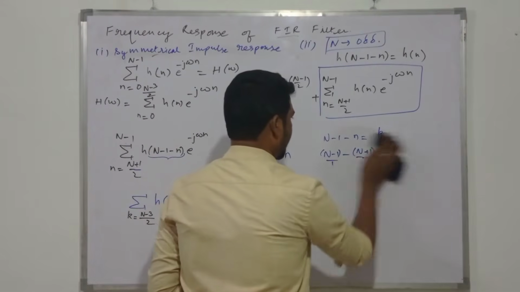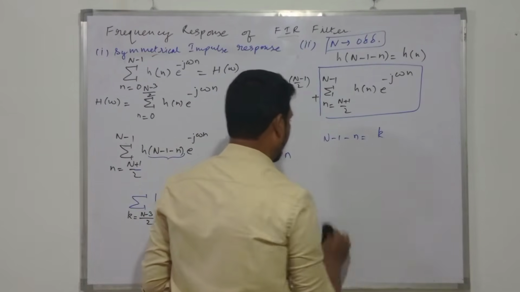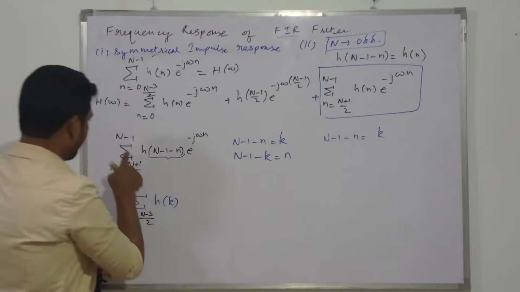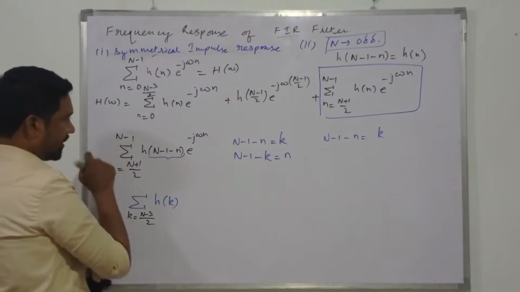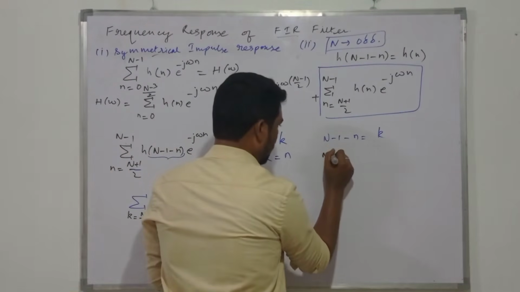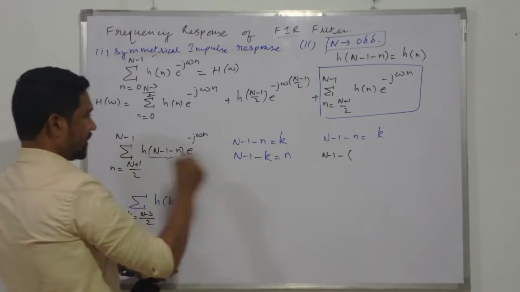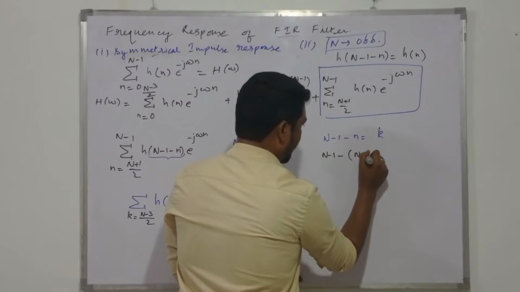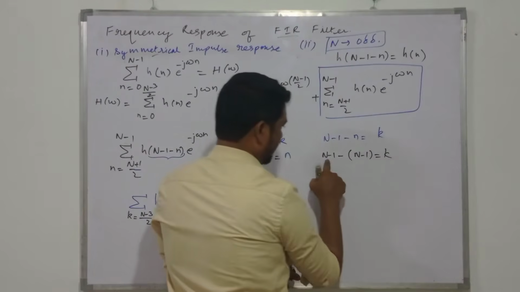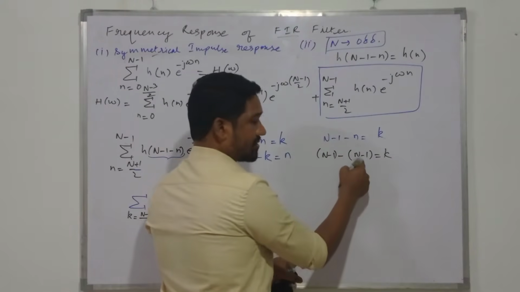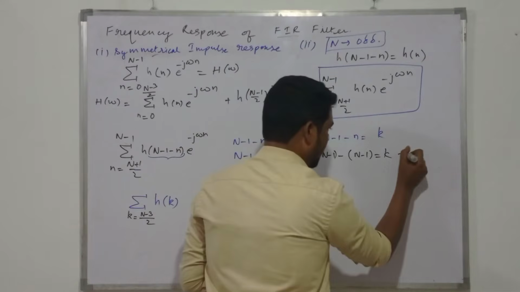Okay, so what about the second limit? From this very expression we can have that. What is the second limit? It's n equal to N-1. So N-1 minus of n equal to N-1, N-1-(N-1), which is equal to k. So the k will be equal to 0.